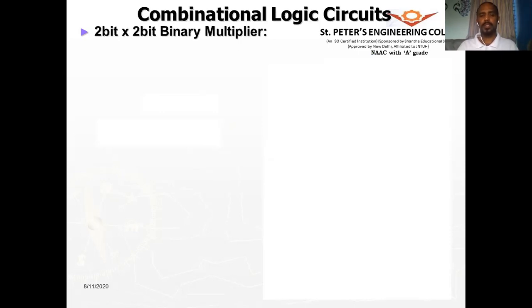Let us come to this binary itself. So I have two binary bits, B0 and B1. B0 is the lower significant bit and B1 is the higher bit. And A0 is the lower bit and A1 is the higher bit. So I have two bits, B0 and B1, that has to be multiplied by A0 and A1.